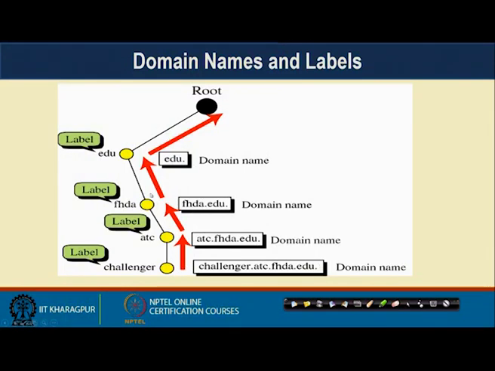If we go up this hierarchy, the next level is atc.fhda.edu, the next level is fhda.edu, and edu is the top level domain. This dot indicates the root domain. So, these are the top level domains which are there. This typical example may be from Forouzan or Stallings books, you can refer to that, but nevertheless this is the hierarchy of things.